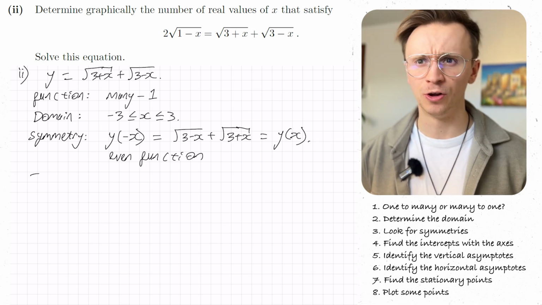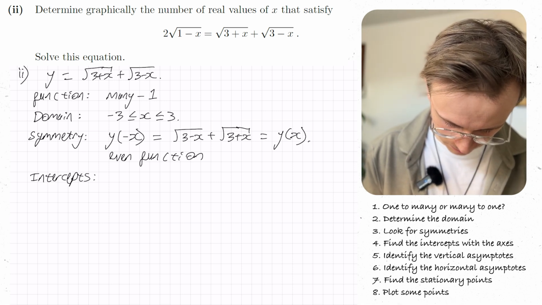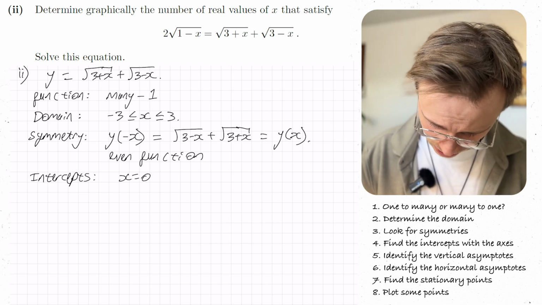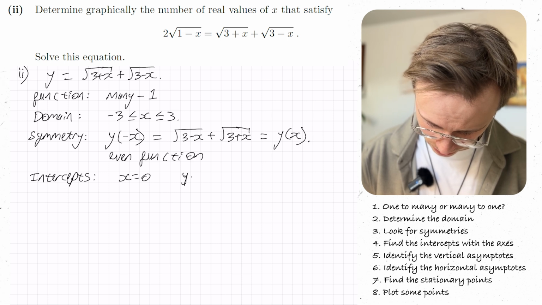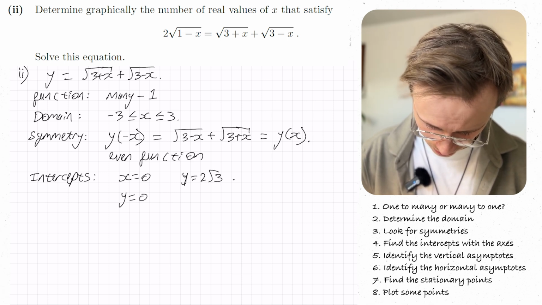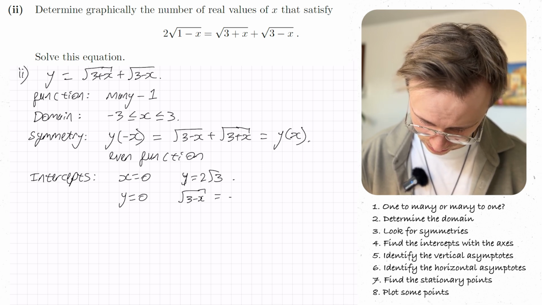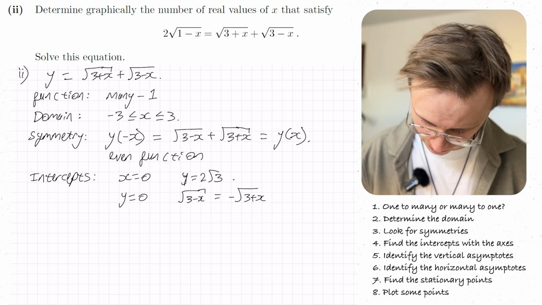Okay, so then we move on to the intercepts. When x equals 0, we get y equals 2 root 3. And when y equals 0, I again get the square root of 3 minus x equals the square root of 3 plus x.